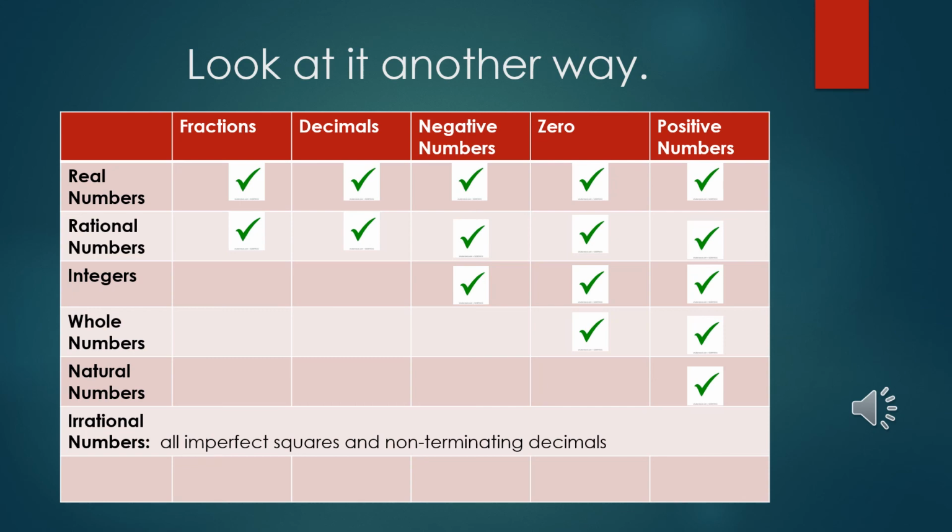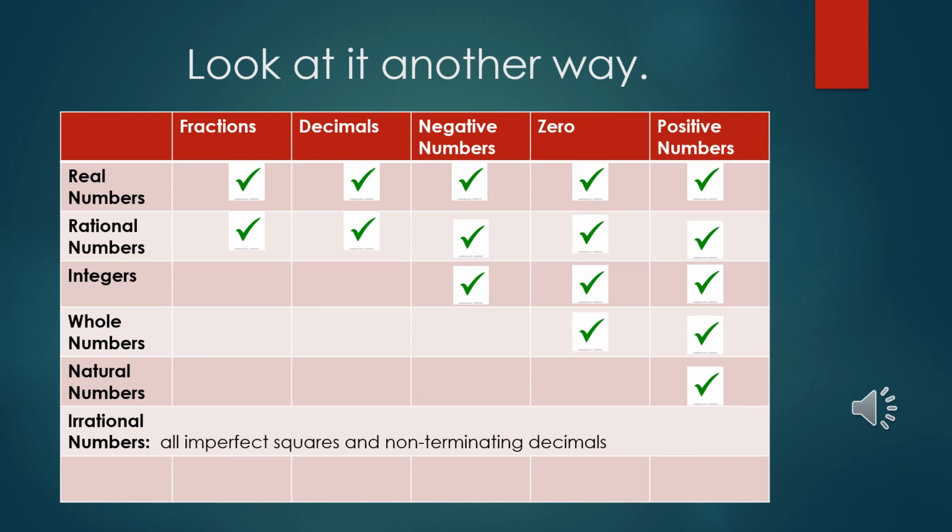Let's look at this another way. This chart is called a semantic map. If we look at it, we have real numbers, rational numbers, integers, whole numbers, natural numbers, and irrational numbers on the left-hand side of the chart.